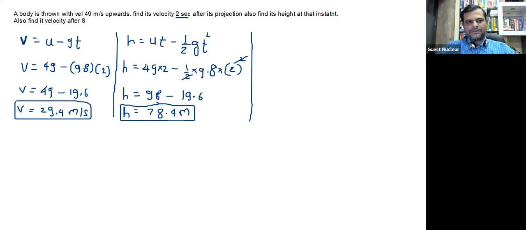Yes, 8 seconds. And not only velocity, but also the height. Okay, after 8 seconds from the projection.